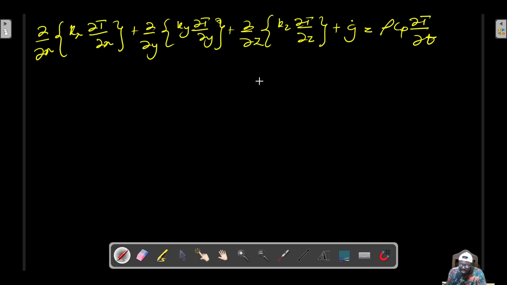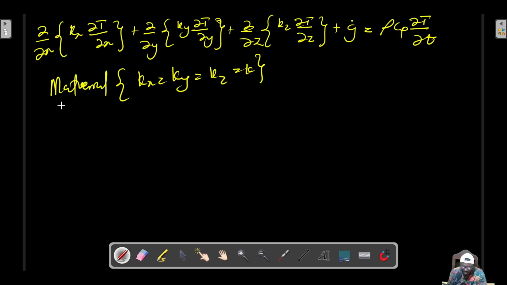Now we made some assumptions. We said, what if our material is isotropic? And what did we say isotropic materials are? Materials with thermal conductivity being the same along every axis. For isotropic material, K will be the same throughout, so you can factorize K out.